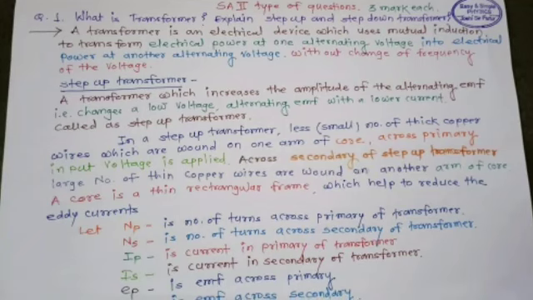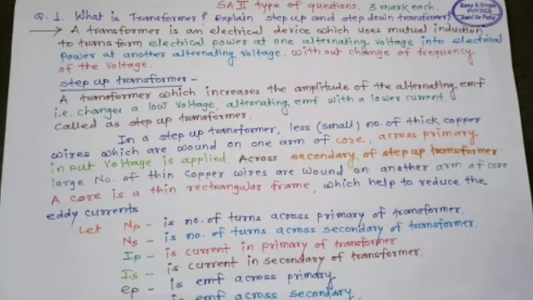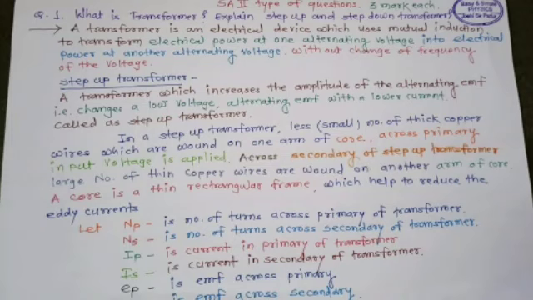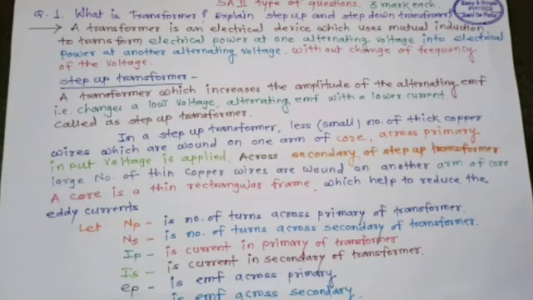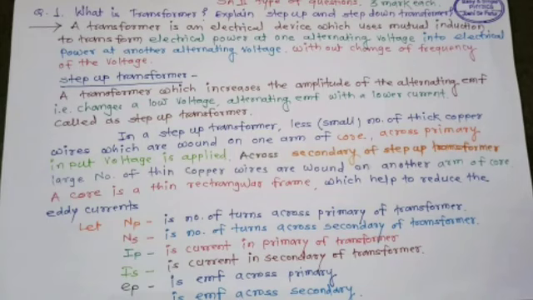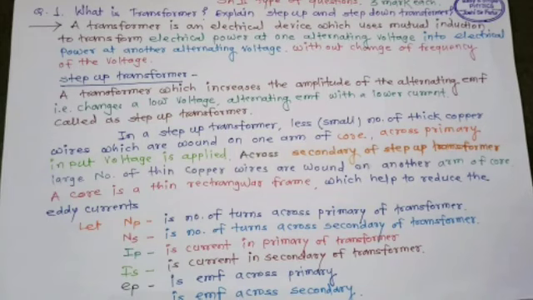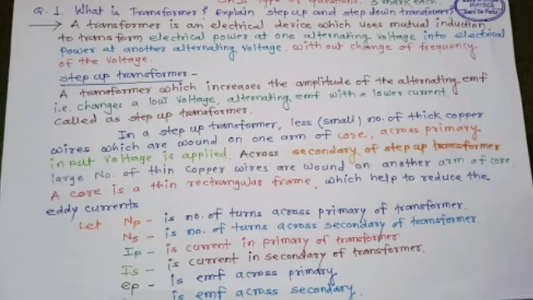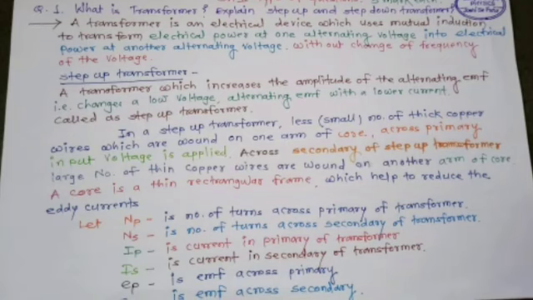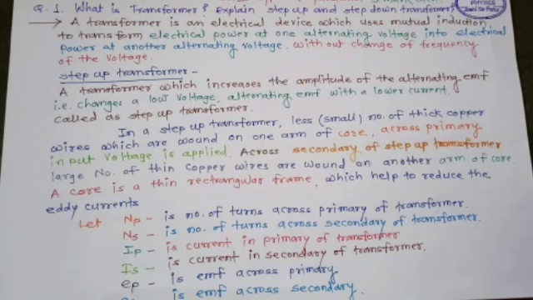First of all, we have seen a transformer is an electrical device which uses mutual inductance to transform electrical power at one alternating voltage into electrical power at another alternating voltage.